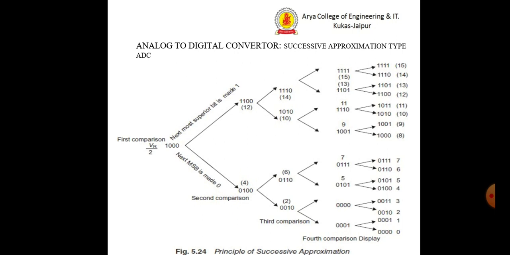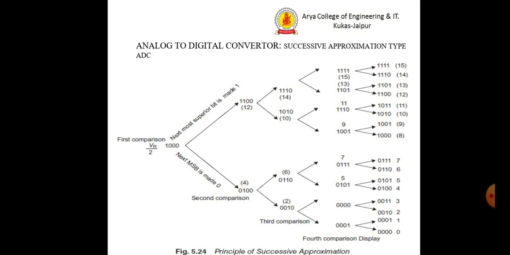So the input to be measured is compared with VR by 2 equals 100. If input is greater than VR by 2, it is compared with 3 VR by 4, which is equal to 110.